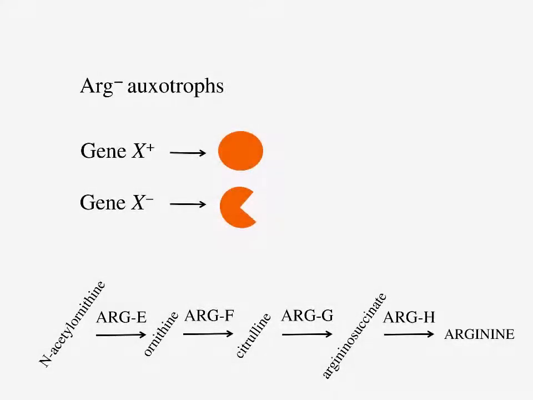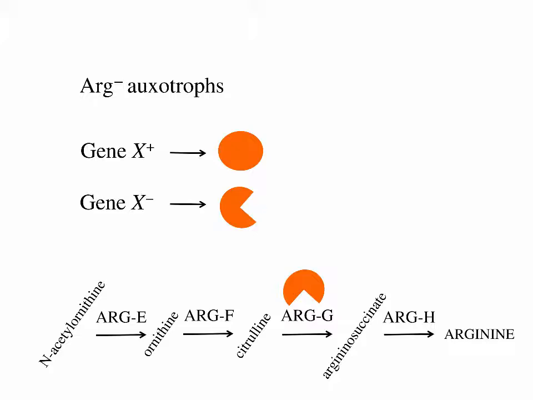For example, suppose the mutation is in a gene that normally makes a protein with nothing at all to do with arginine biosynthesis. The mutation causes the gene to make a mutant protein that degrades an arginine biosynthesis enzyme and thus blocks the arginine biosynthesis pathway. Transforming the auxotrophs with a wild-type copy of that gene will not enable them to make arginine, so we cannot identify gene X this way.